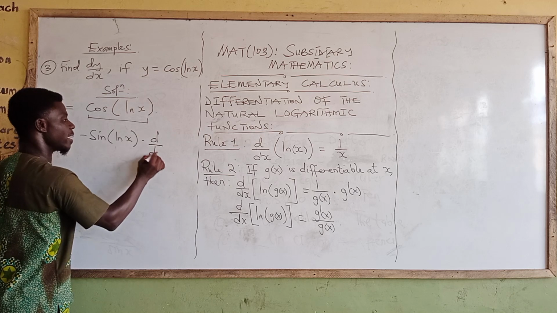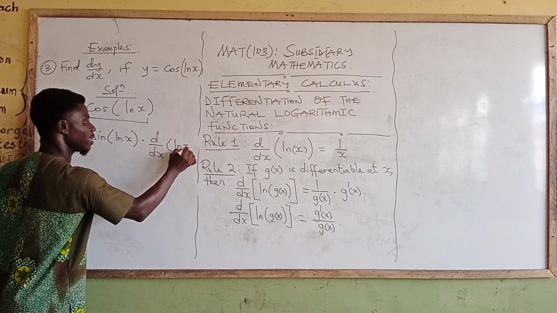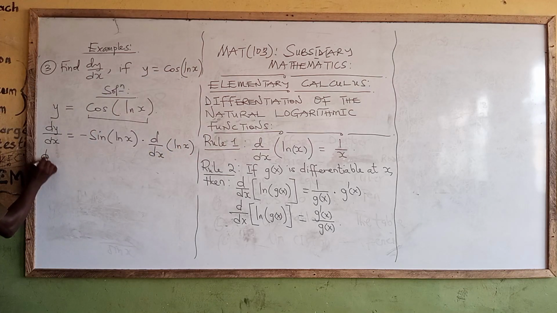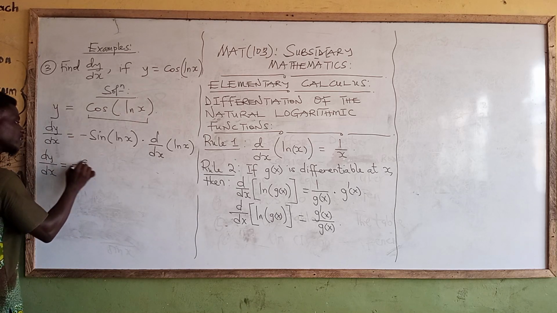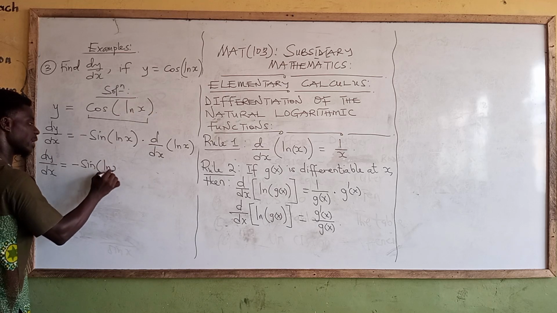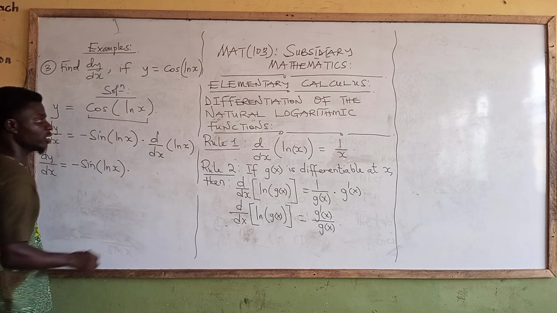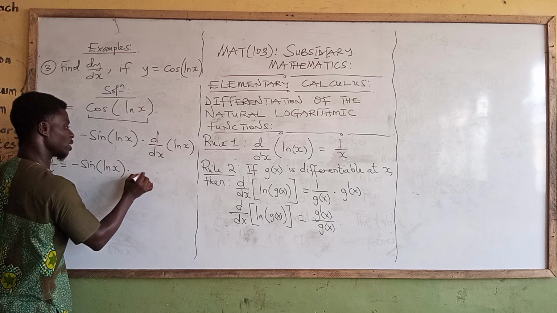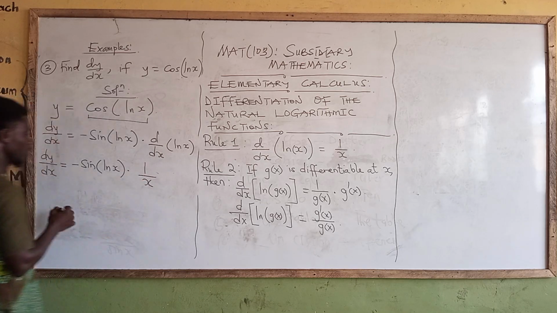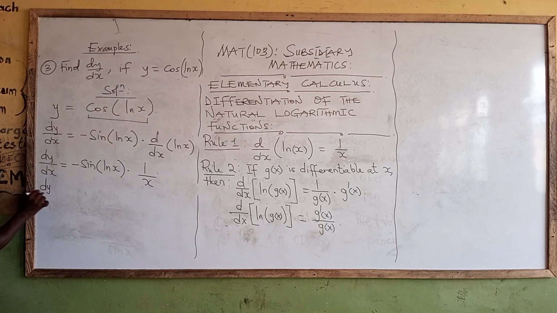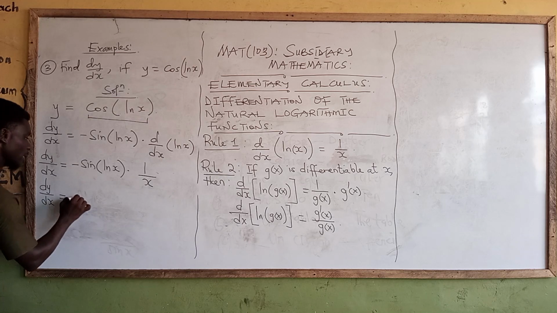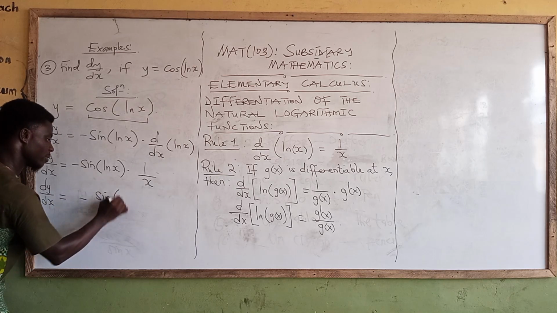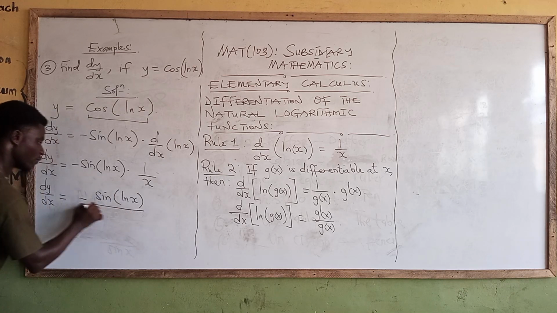So dy over dx must be equal to negative sine of ln x times, when we differentiate ln x, don't forget we get 1 over x. So now I have my dy over dx, which must be equal to multiplication of fractions, numerators, denominators. So you get negative sine of ln x divided by x.